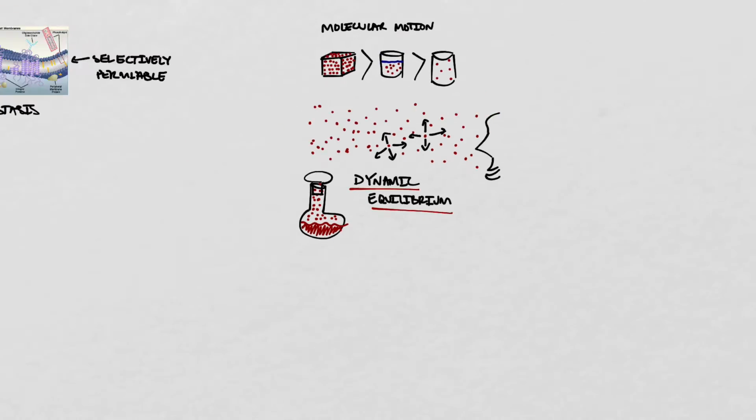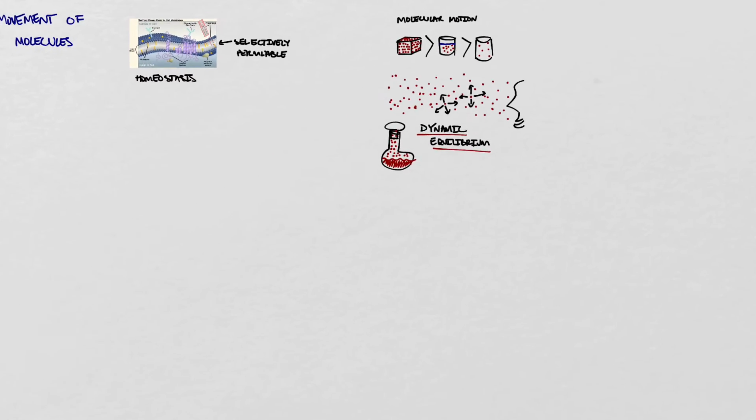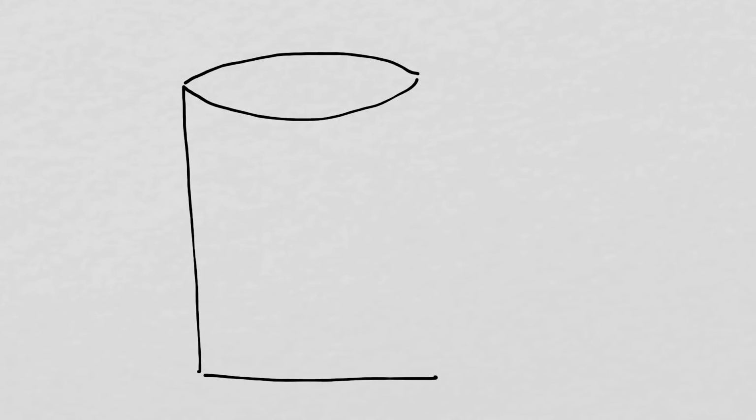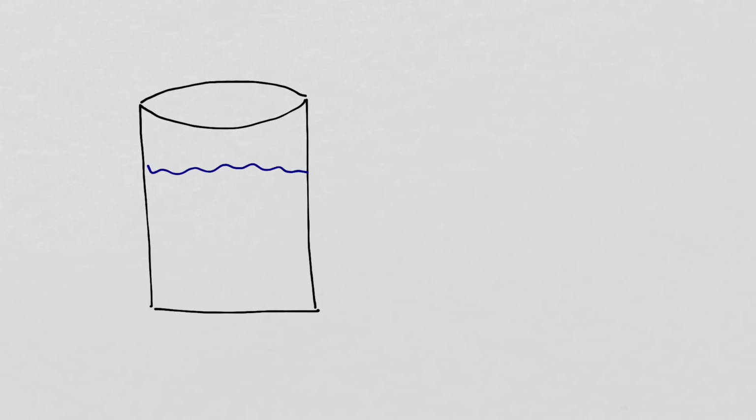Okay, this brings us to the real meat of our screencast, which I'm going to put down here. Okay, so keeping in mind everything we've talked about so far, molecular motion, dynamic equilibrium, concentration gradients, here we have a beaker. And this beaker is full of a solution, a water solution. And a solution is composed of two different components.